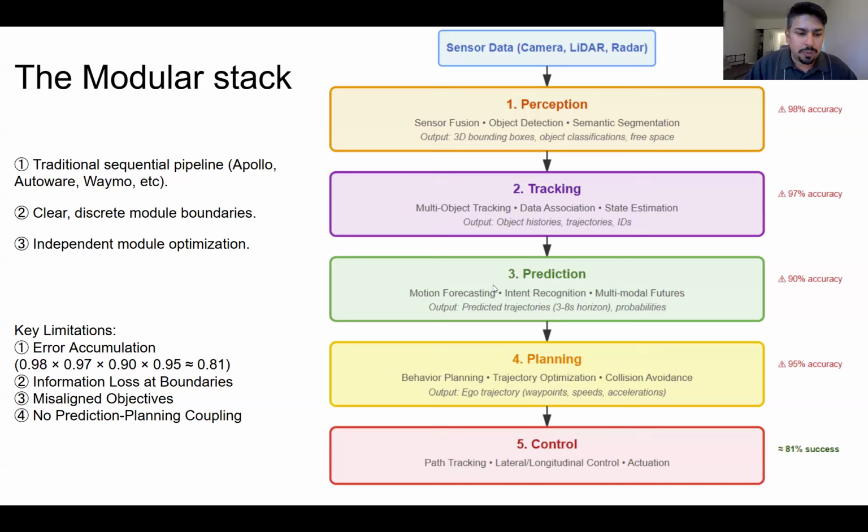So I think that is one of the drawbacks here. Another one that I will talk about in more depth is that prediction and planning are sequential and not coupled. I think that is a big issue that the industry is trying to solve currently. We'll get deeper into it.